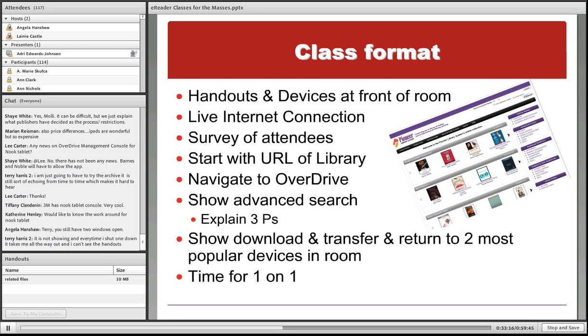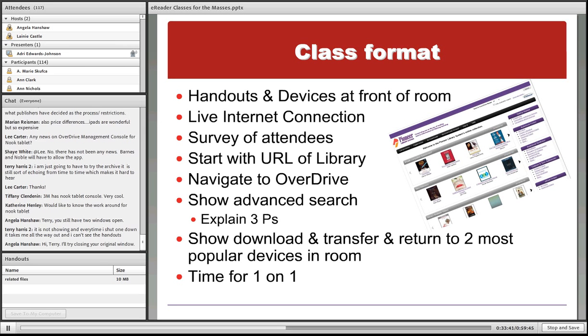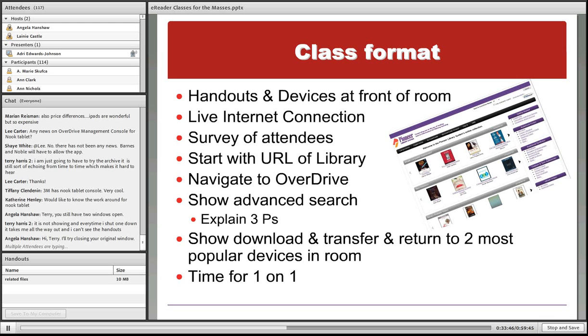There have been times, and this goes back to how many people we allow in the classes. Our biggest class was about 90 people. When we saw the wait list start growing for this class, which was at our Norman Public Library, Shay and I made the decision to split the class into two classes: one specifically for Kindle users and the other for everyone else who didn't have a Kindle.